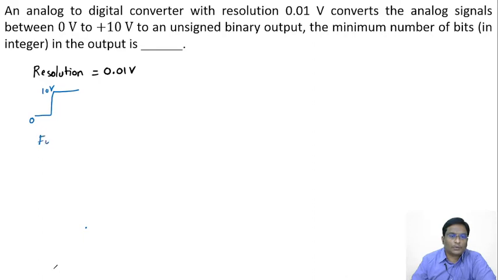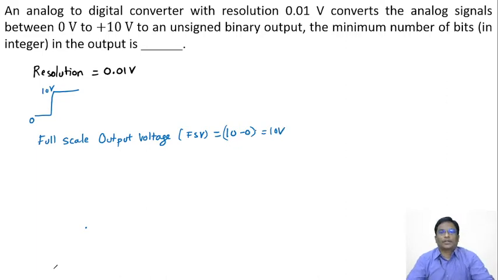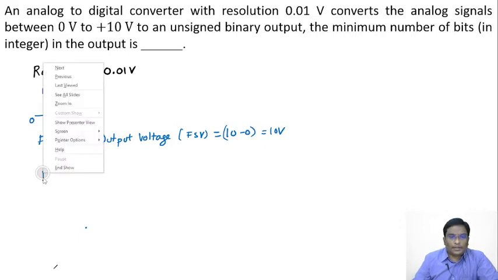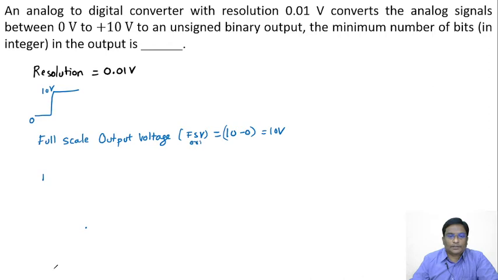What is the full scale output voltage? Full scale output voltage, FSO or FSV, is nothing but 10 minus 0, which is 10 volts. What they are asking us to determine is the minimum number of bits in the output. We know that full scale output equals step size into number of steps.